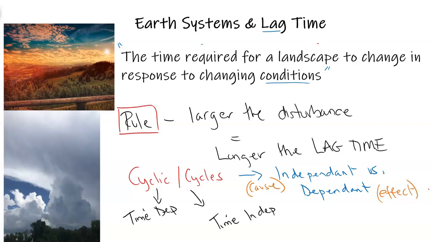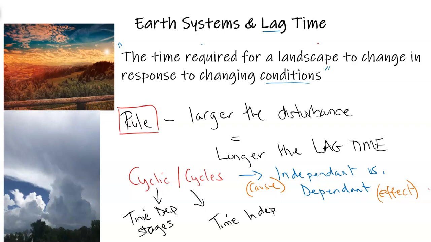And in regards to cause and effect, looking at the time dependent, so looking at the different stages. So this will be in stages of lag time, the stages of rebuilding through that lag time, through that relaxation time to a new threshold, a new equilibrium, a new landscape. So time is important because it takes time to go through each stage.